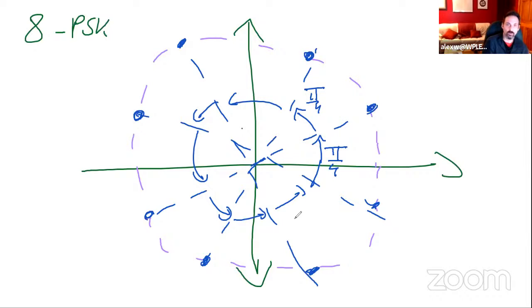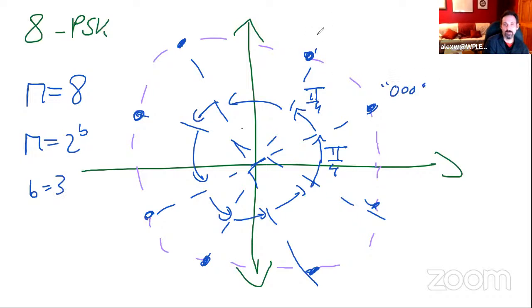So if 2 points are closer together than any other points, they actually will drive up the error probability. So we want to avoid that, right? So this is M equals 8, okay? Which means, what's M equals 2 to the b? b is equal to 3. So each one of these points represents 3 bits, and so on and so forth.